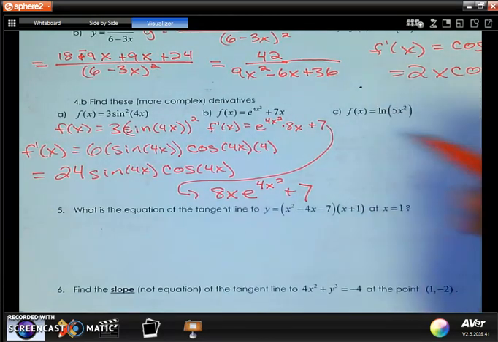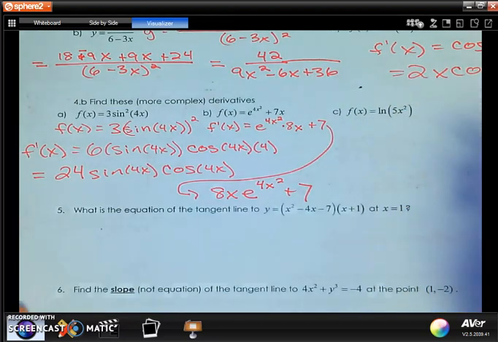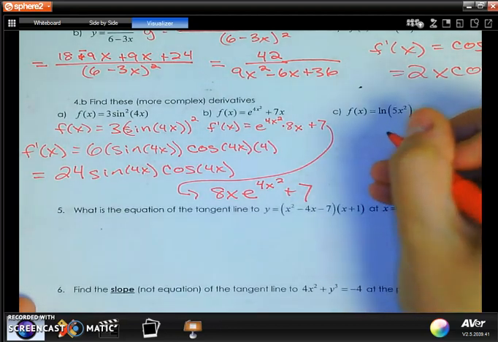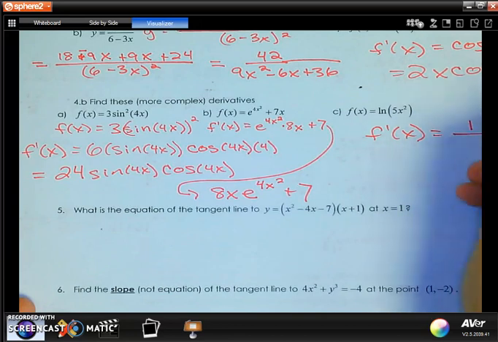For C here, the derivative of ln of anything, all you do is it's 1 over the parentheses times the derivative of the parentheses. Another way to think of it is the derivative of the stuff over the stuff. So I like to think of it as 1 over the original multiplied by the derivative of that original.